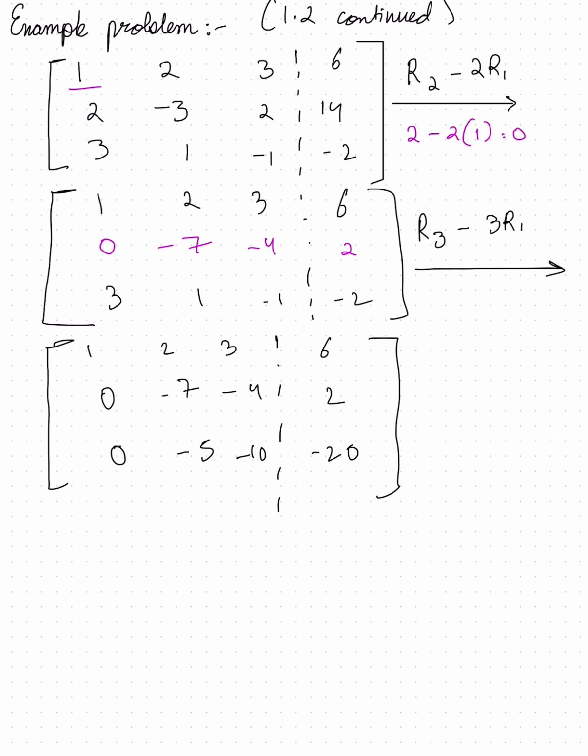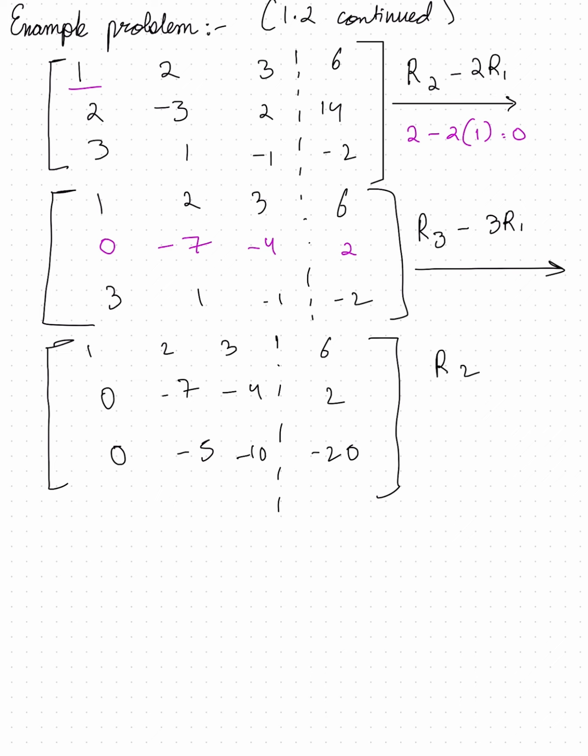The second step is to make the staircase go here and here. This is going to be your second pivot point. It's a -7. All the pivot points have to be 1. So what can you do to the -7 to make it a 1? You can divide all of row 2 by -7. So let's do that.